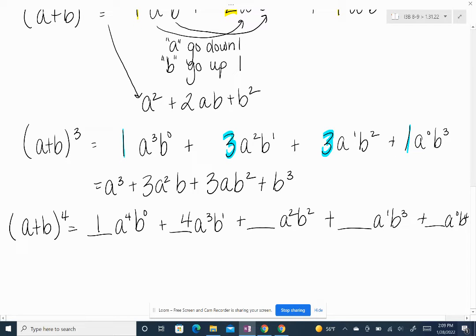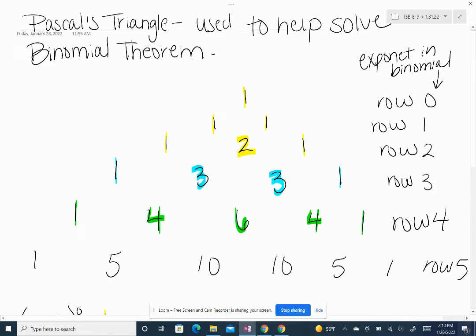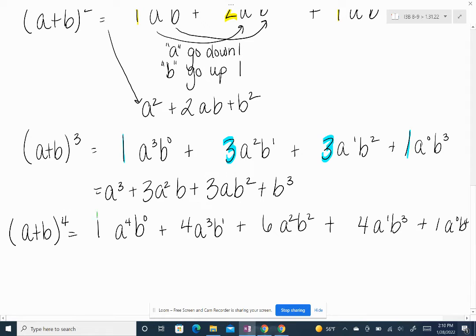I don't need these lines. 1, 4, 6, 4, 1. Oh, I guess I didn't need that big of a line. Okay. I'm going to match the colors so we can kind of color coordinate. It looks pretty. Because that's the only reason why. Just kidding. Okay. So those are going to be the corresponding coefficients.